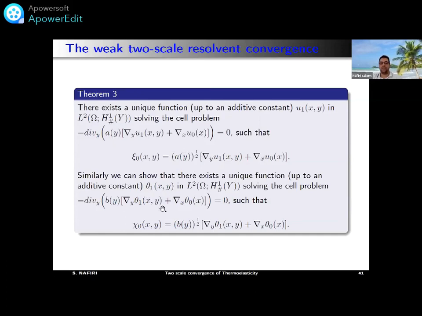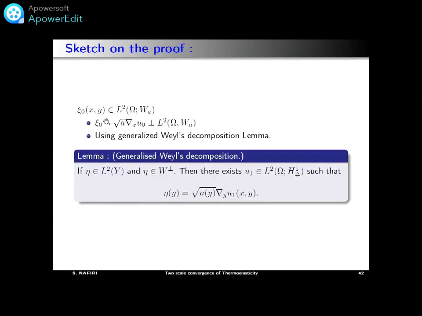The same thing can be said about the temperature component. As a sketch of the proof of this last result, we have just to show that Xi0 minus square root of A grad x U0 is perpendicular to L2 of omega times W_A, by variational methods.